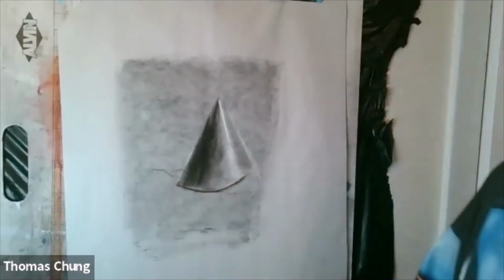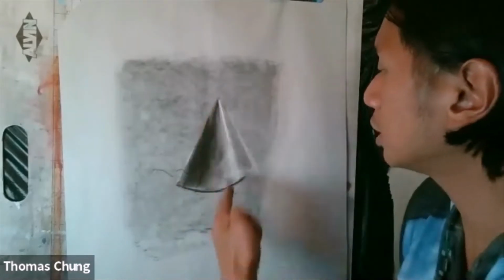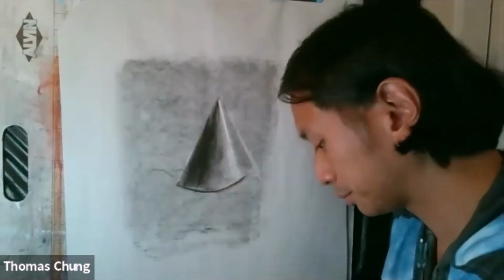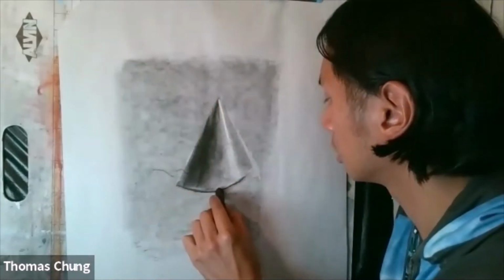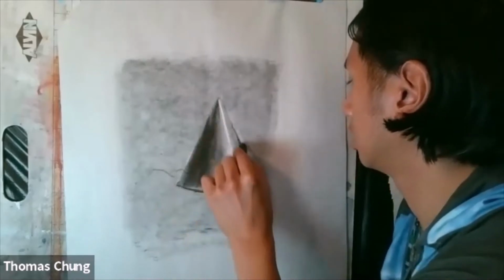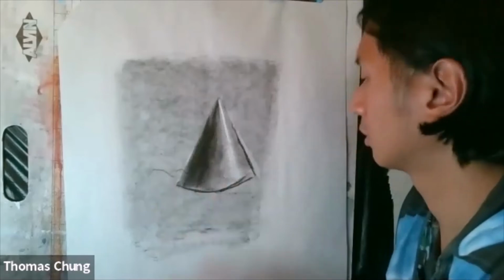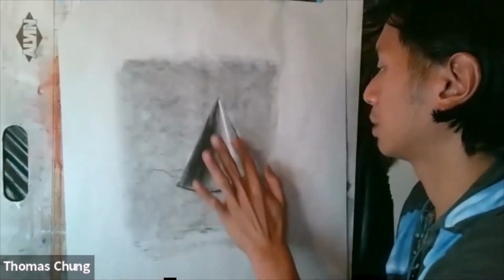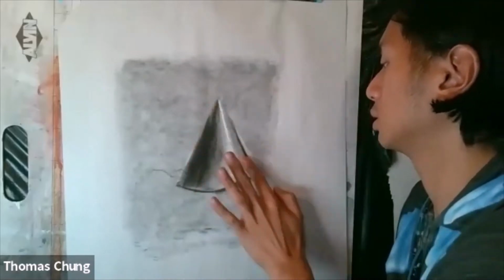That's pretty wonky. As I mentioned before, we know this cone's symmetrical, so you can already tell that this is off. Adjust my cone, work this material into the form.